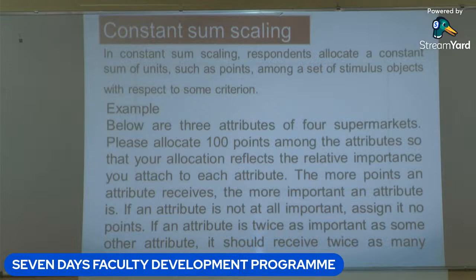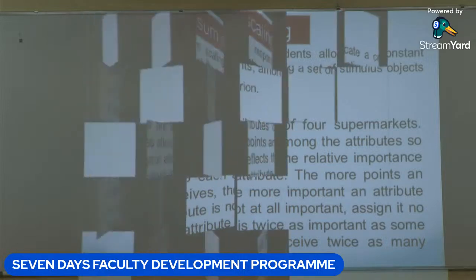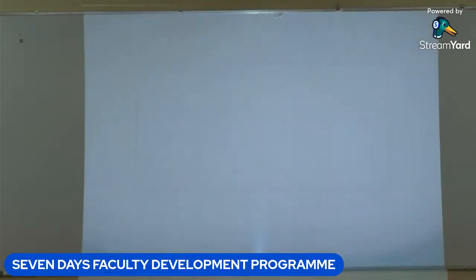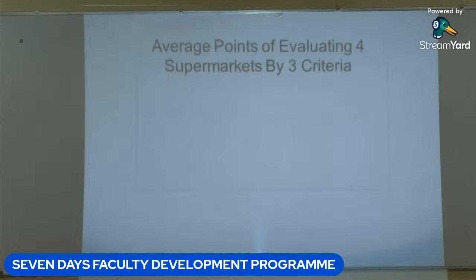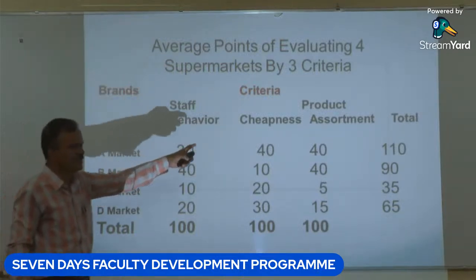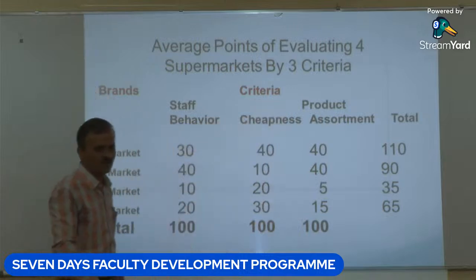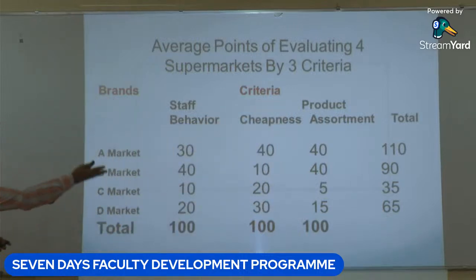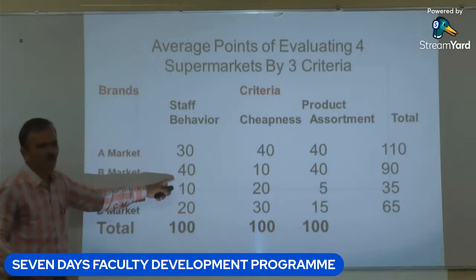The attributes are given on the next slide. We are evaluating with 3 criteria: the behavior of the staff related to the product, cheapness, and the assortment. So now we have 3 criteria, and these are the 4 markets, and these are the opinions.